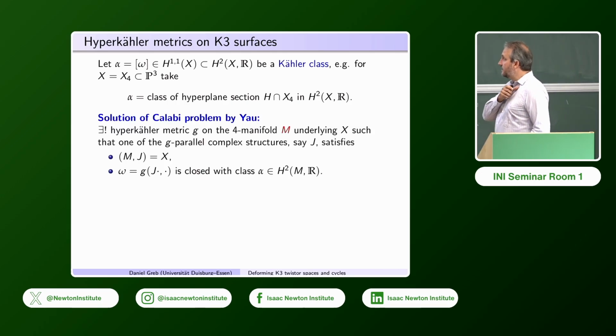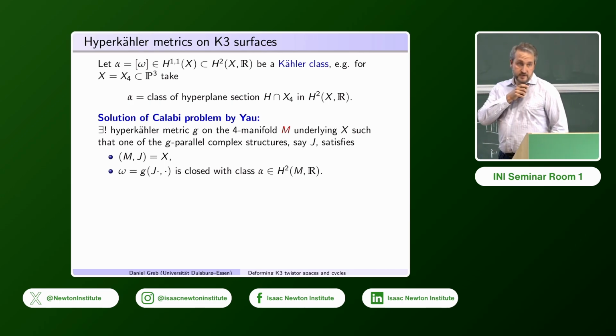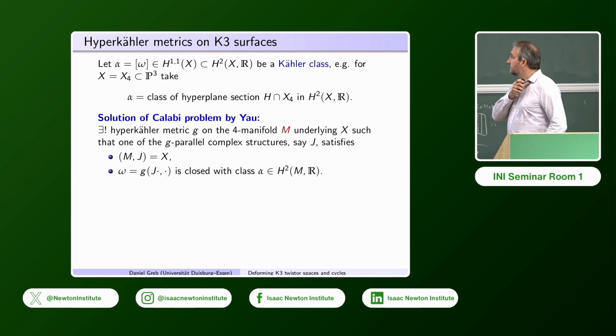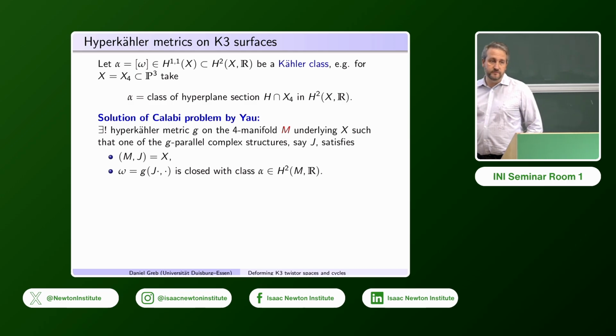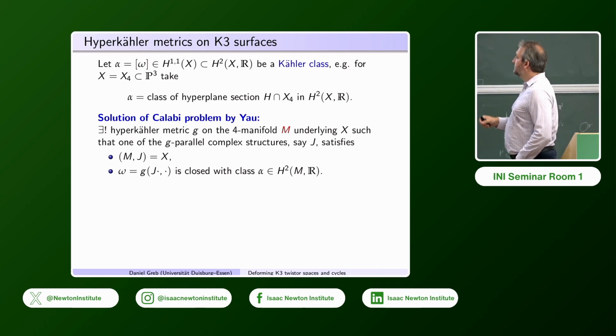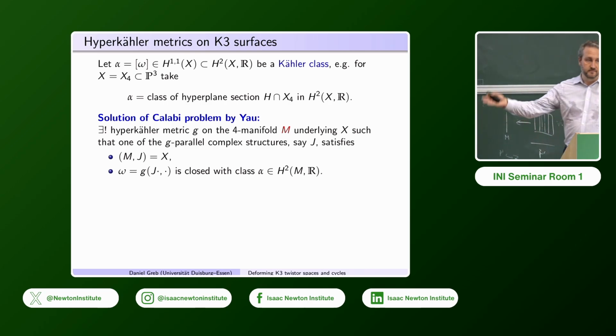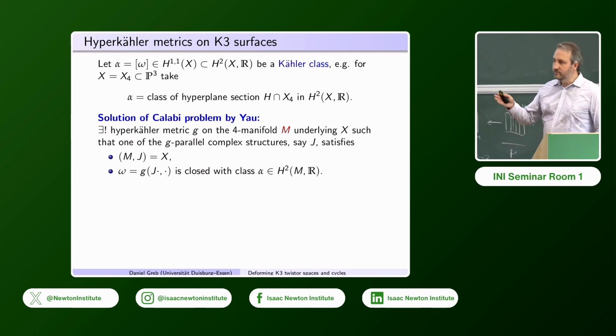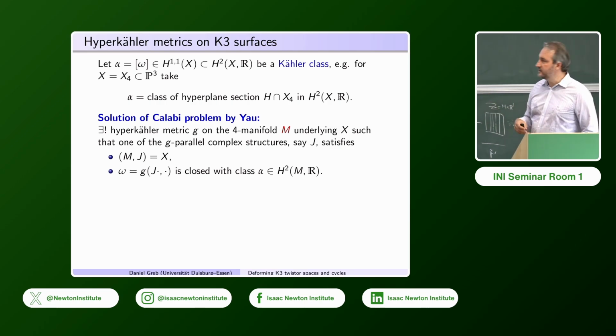And then the Calabi problem asks for the existence of a hyperkähler metric in this class, and the solution by Yau is the following. There exists a unique hyperkähler metric on the underlying real 4-manifold of your compact complex surface with two properties: one of the parallel complex structures, maybe J, is the one that you were already considering when you consider X as a compact complex surface.